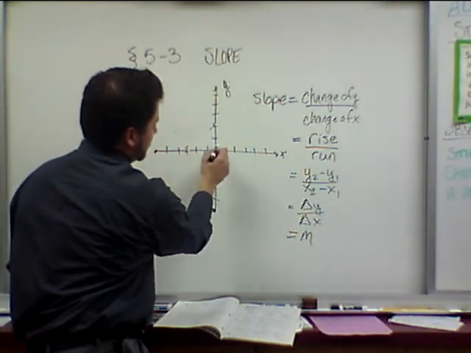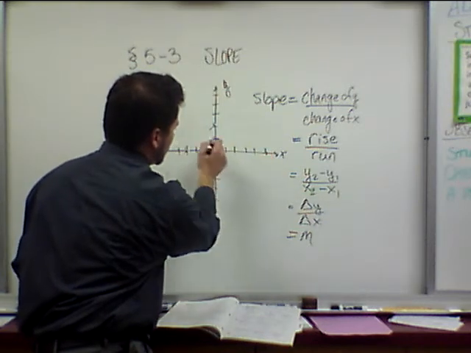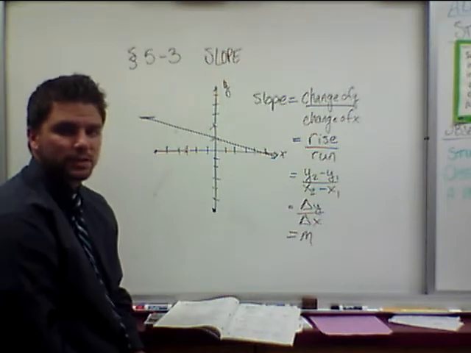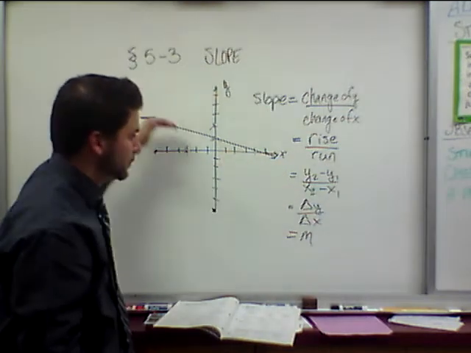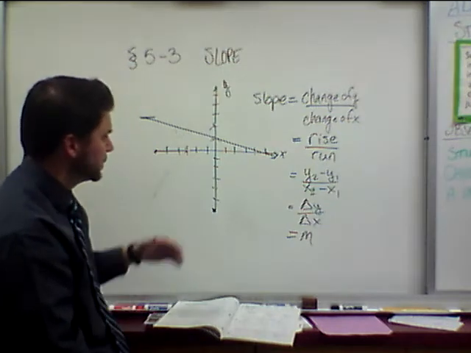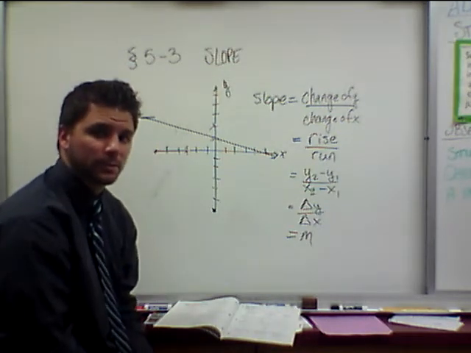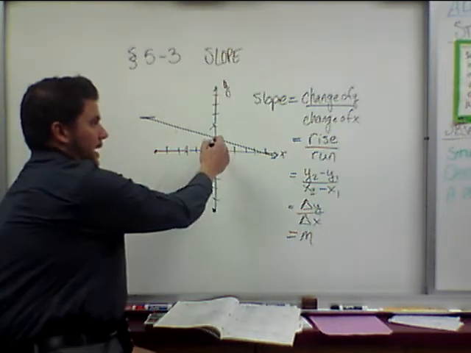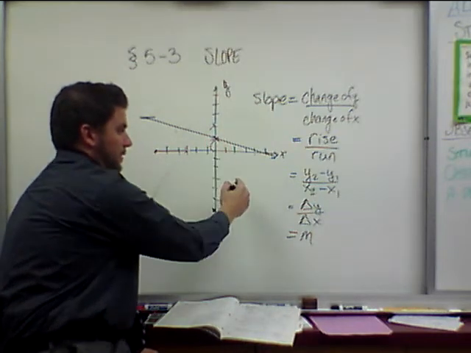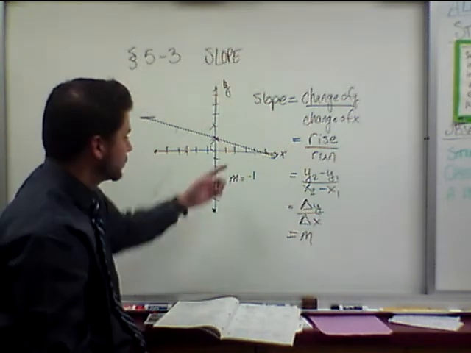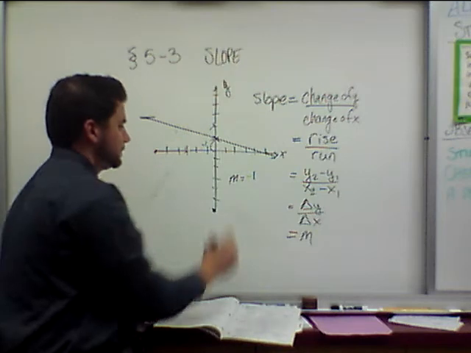My second example is a line that looks like this, going from left to right. I'm moving in the downward direction, so I should have a negative slope, which means that I should have a negative fraction when I get my solution. So I'll start at my first point, and going from here down, I'm going to go down 1, so the rise is negative 1, because I'm rising a negative 1.